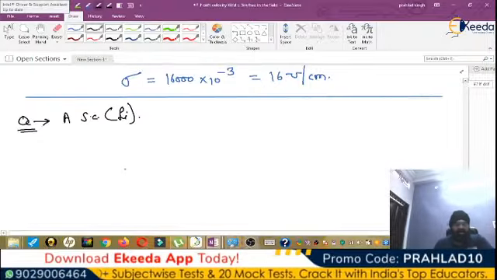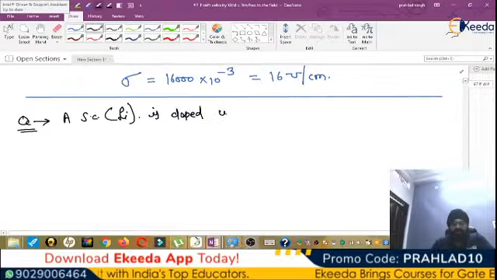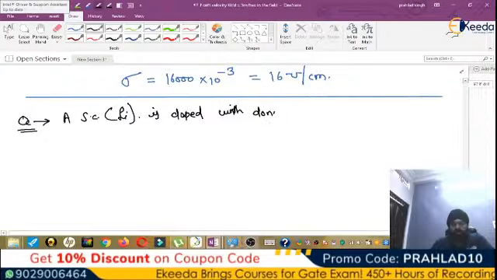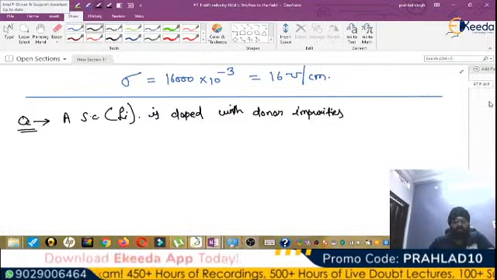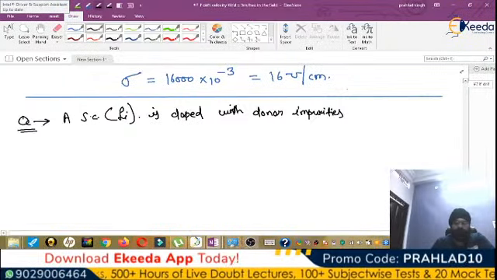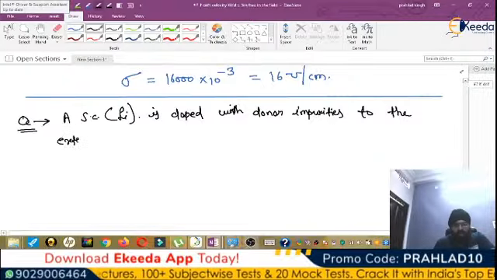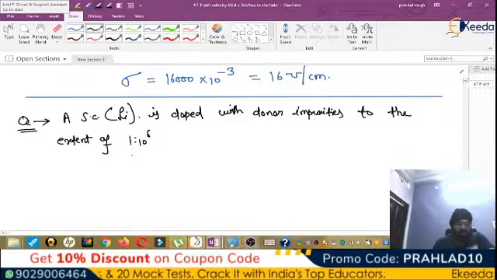So the next question is given: a semiconductor, silicon, is doped with donor impurities to the extent of 1 is to 10 to the power 6.